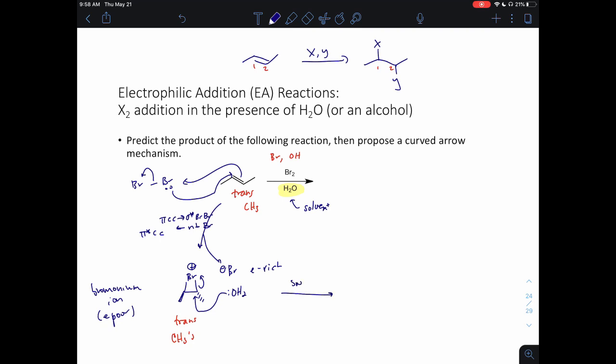So there's an SN2 where the non-bonding electrons on oxygen attack sigma star CBr. So we'll have this anti-addition of water. That generates a protonated alcohol, which has a pKa of about -2.